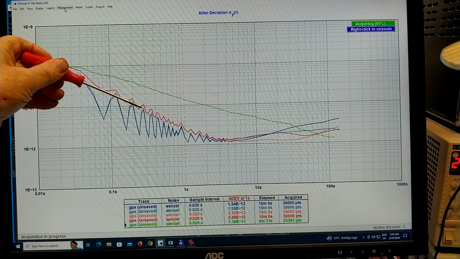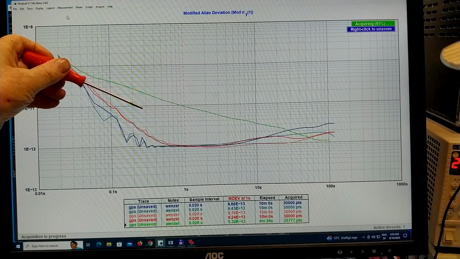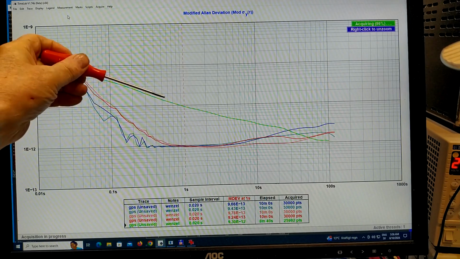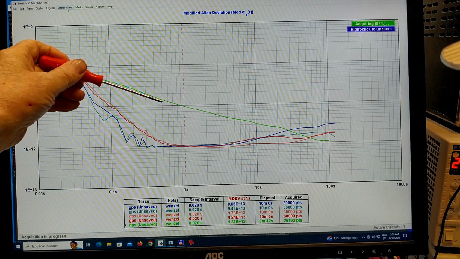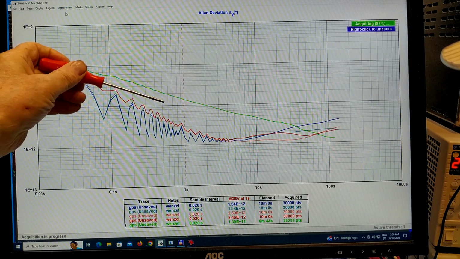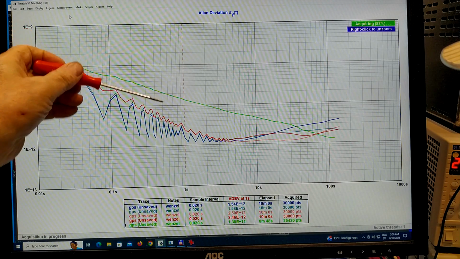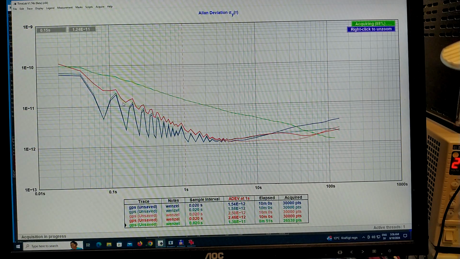And here the red, normal Allan and modified Allan. And here there is a factor of 10. And now there is a factor of maybe 5. To see this better, I would need an even more degraded GPS receiver. We'll see if we can add one more amplifier without getting oscillations.